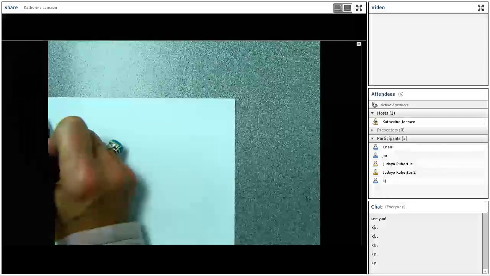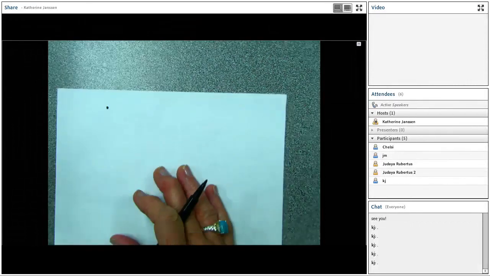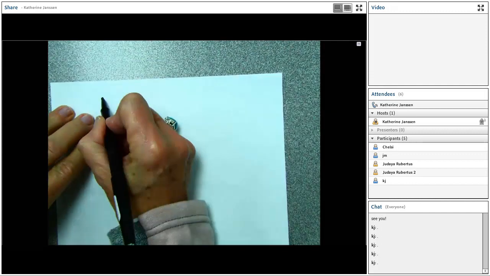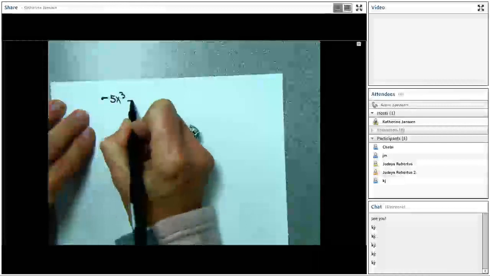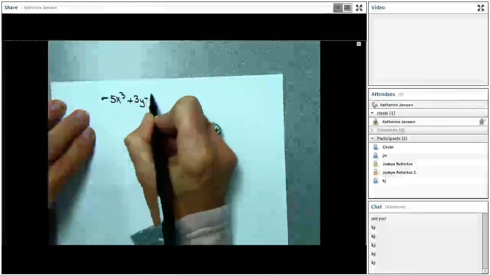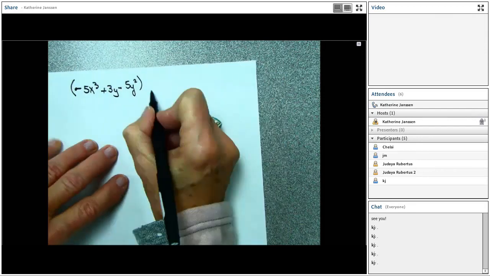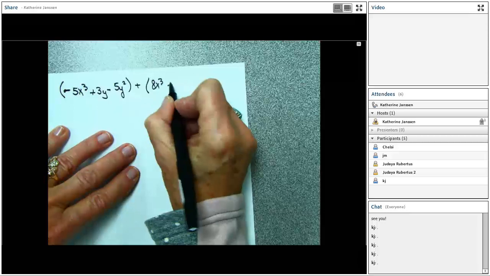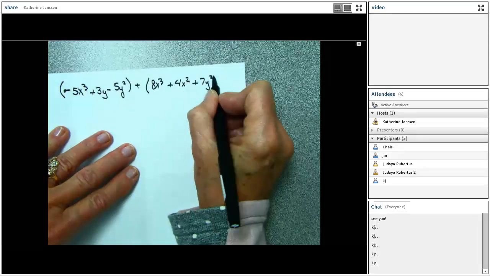Then we're asked to add and subtract polynomials with multiple variables. We have a negative 5x cubed plus 3y minus 5y squared. We're going to add the polynomial 8x cubed plus 4x squared plus 7y squared.